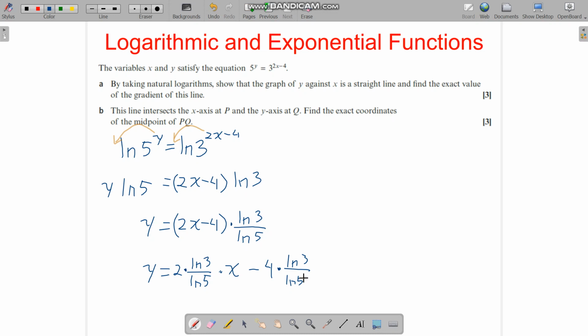So the gradient is of course this part here. To answer part A, we can say that the gradient, usually we use m for gradient, is 2 times ln 3 over ln 5.